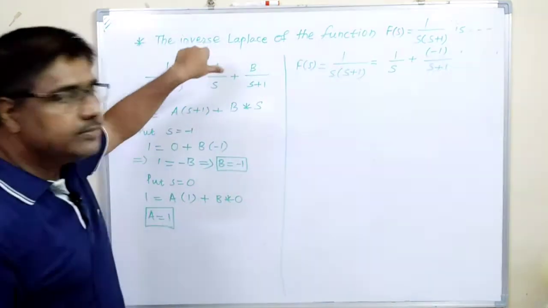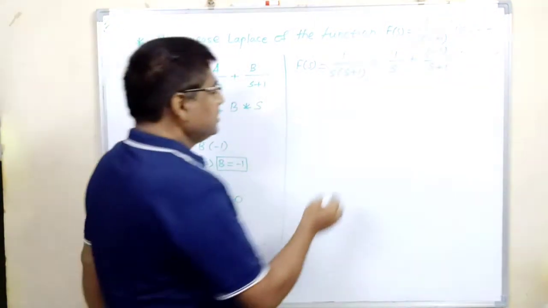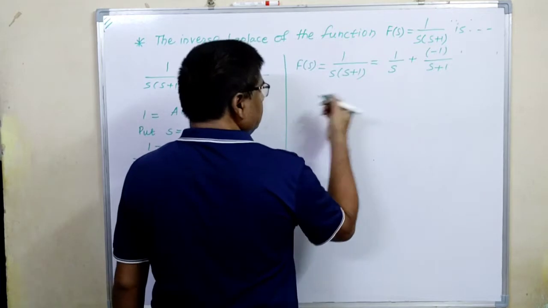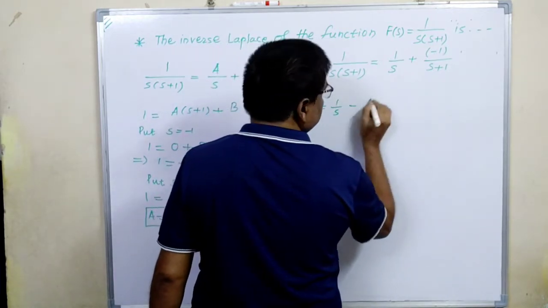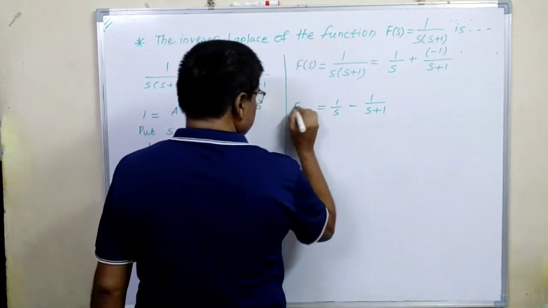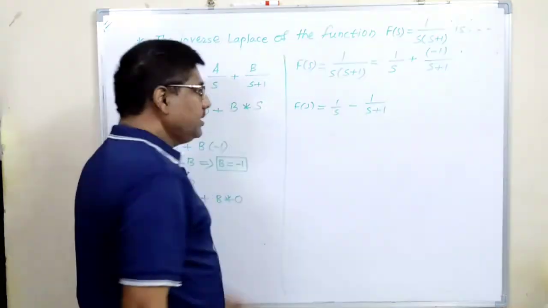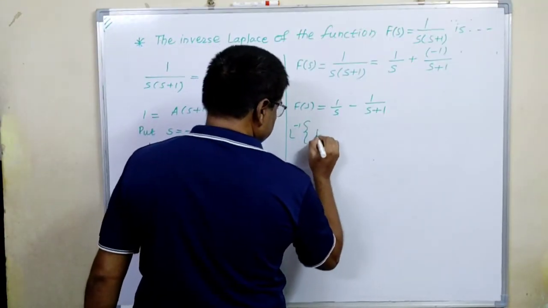We have just substituted the values of a and b in this equation. This is equal to 1/s minus 1/(s+1). This is our function.